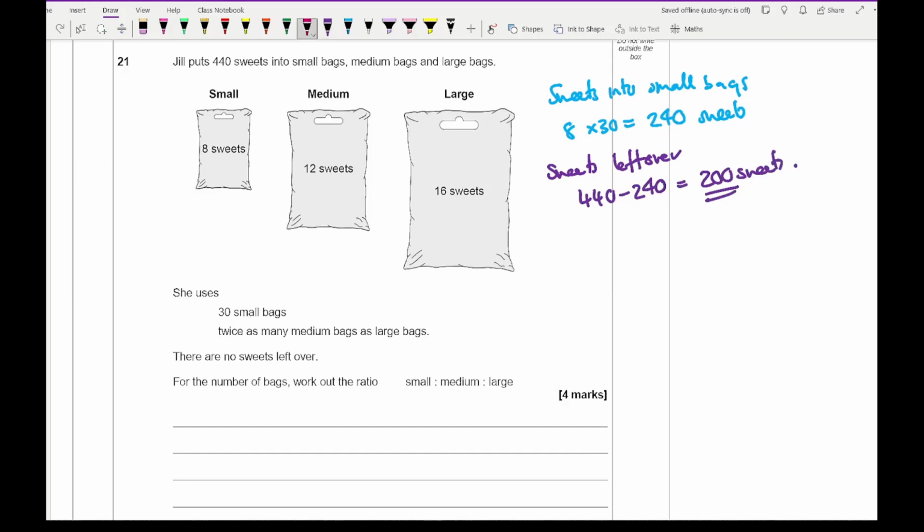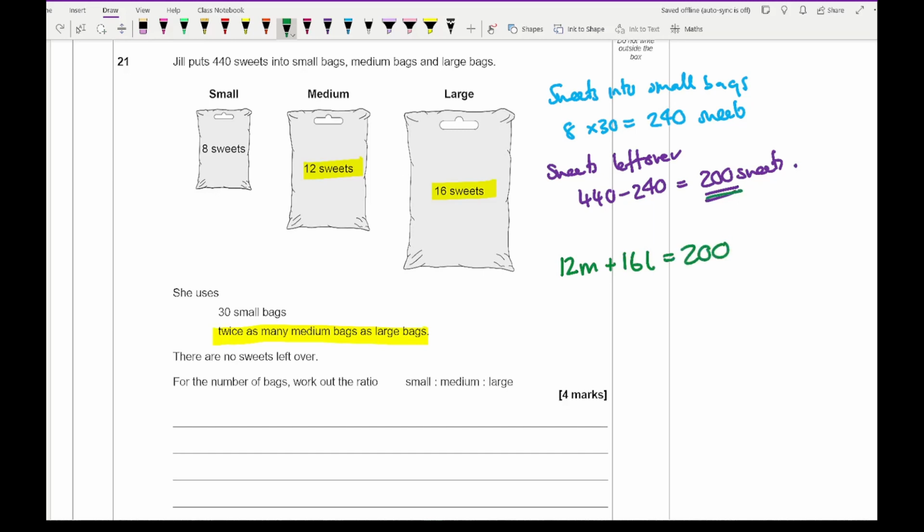Now let's have a look at the key bits of facts that we know. So we know that there's twice as many medium bags to large bags, and we know that there's 12 sweets and 16 sweets in medium and large bags respectively. So let's have a look at putting that in an equation. So we know that 12m plus 16l has got to add up to the total number of sweets that are left, which is 200.